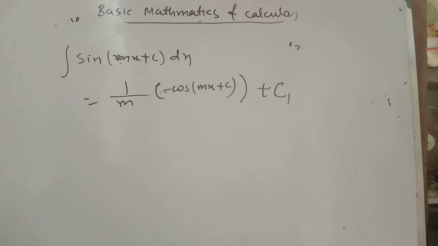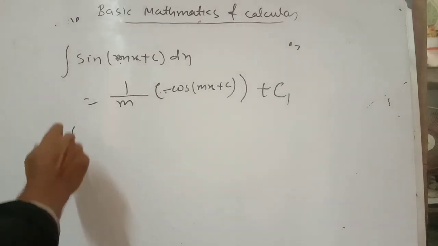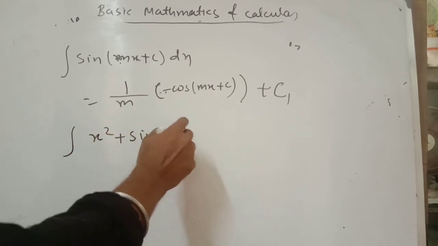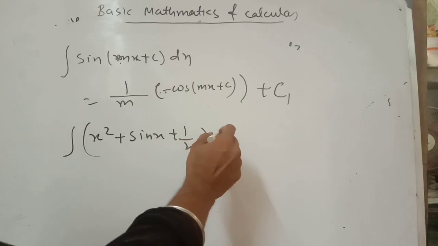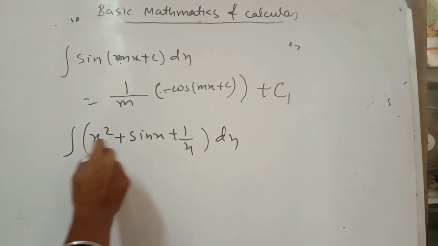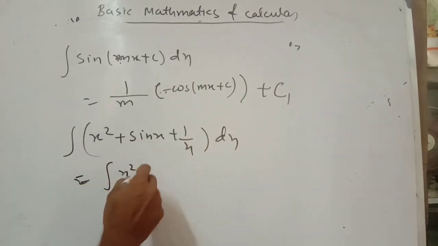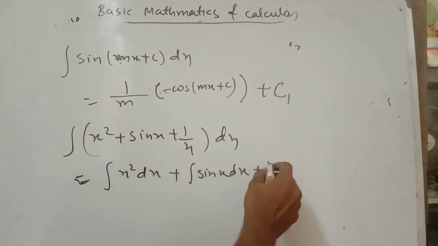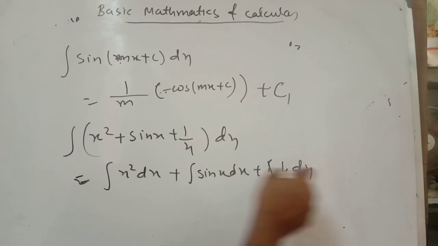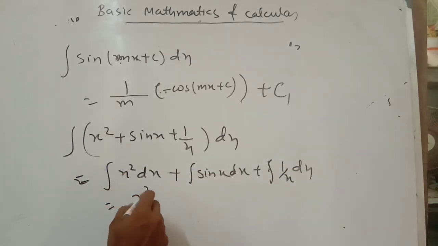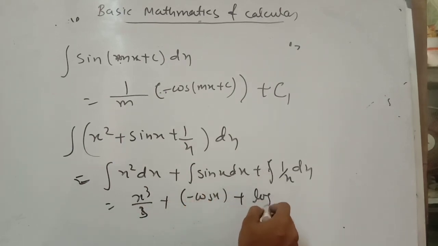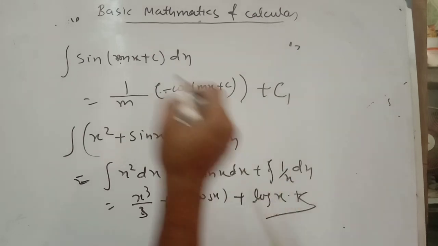Similarly, you can find the integration of an expression like x squared plus cos x plus 1 by x. How can we find the integration of this? First of all, break it into single terms. The integration of x squared is x cube by 3, the integration of cos x is sin x, and the integration of 1 by x is log x, plus c.